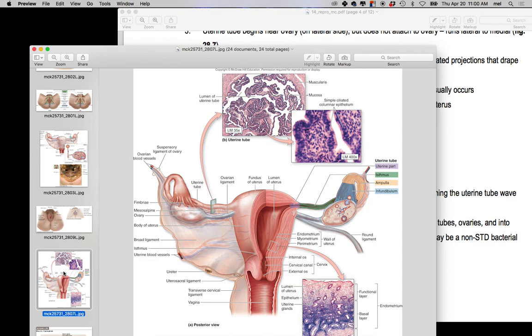And these guys are narrow to begin with. If you irritate them and form scar tissue, then you can decrease fertility dramatically just by forming scar tissue in one of them. Does that make sense? Okay. And of course, it also increases your likelihood of tubal pregnancies. Okay, so this is one really good reason for women to talk about protecting their reproductive health. So if you are sexually active, right?